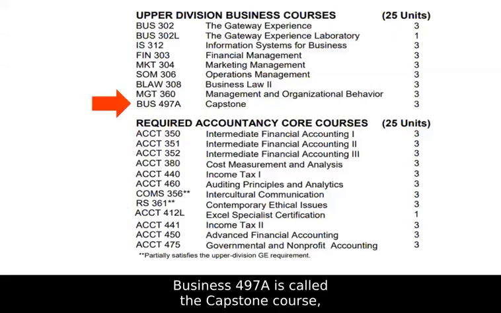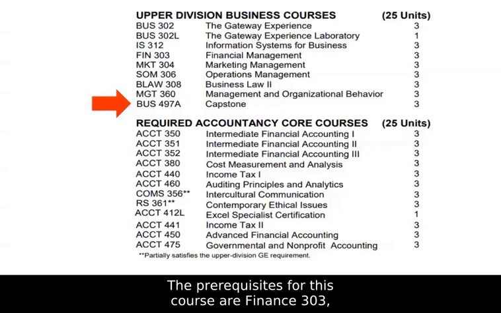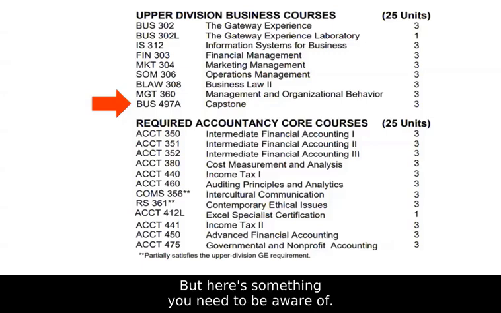Business 497A is called the capstone course, and it's probably a course students know the least about. The prerequisites for this course are Finance 303, Management 360, and Marketing 304. But here's something you need to be aware of.